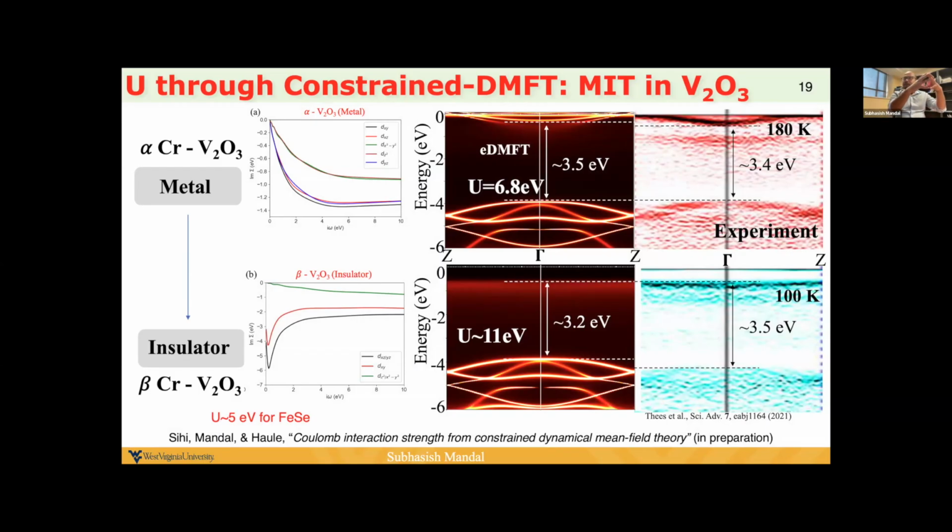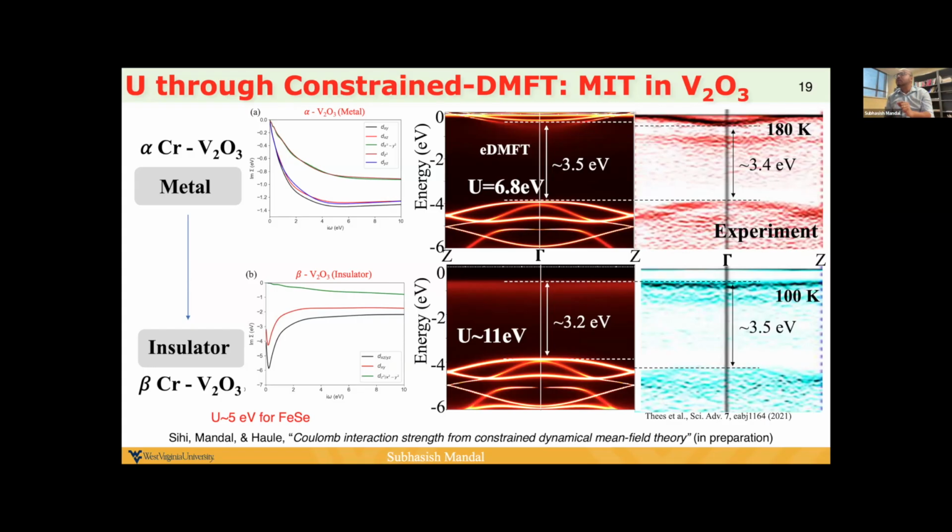Then you have the paramagnetic insulating phase and the paramagnetic metallic phase. You compute U separately, and for the paramagnetic metallic phase you get a smaller U, and with that U you can see the metallic behavior. Similarly for the beta phase, you find quite a large U.